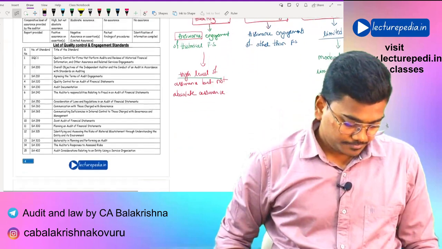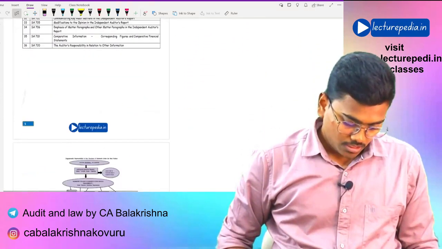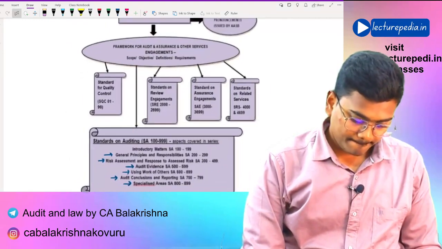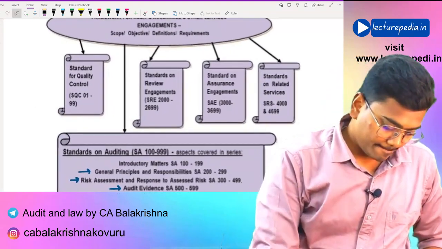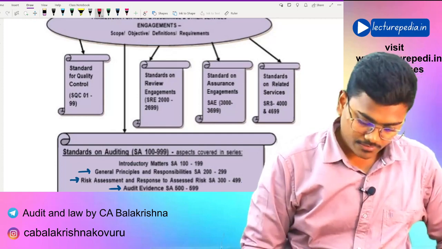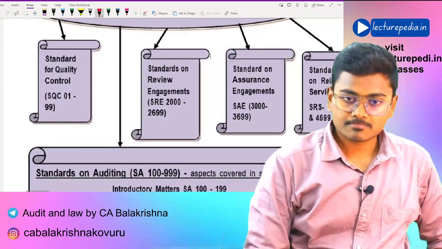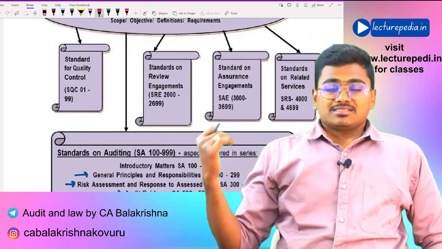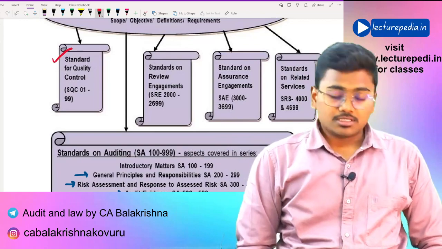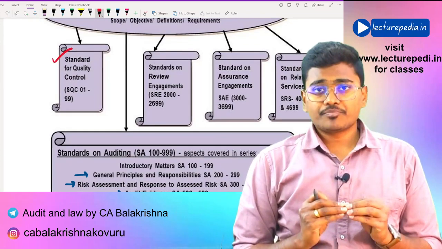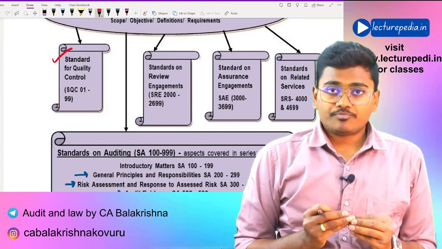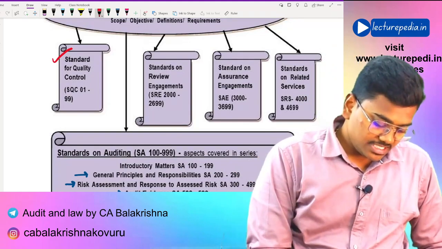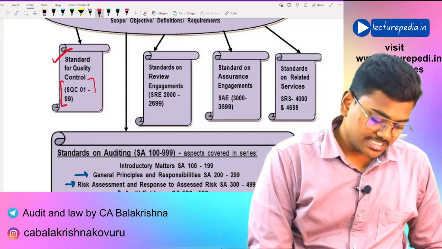Now let me show you this series. Whenever the ICAI issues new standards on quality control, they will be in between the numbers SQC1 to SQC99.